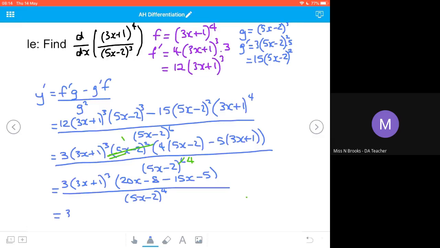And the final step is to collect those like terms together. So y prime is going to equal 3 times 3x plus 1 cubed, 20x take away 15x is 5x. Negative 8 take away 5 is negative 13. And that's all over 5x minus 2 to the power of 4.